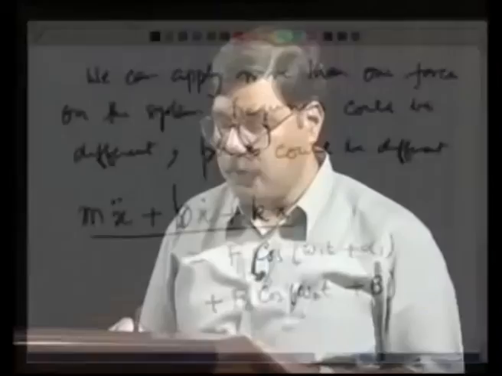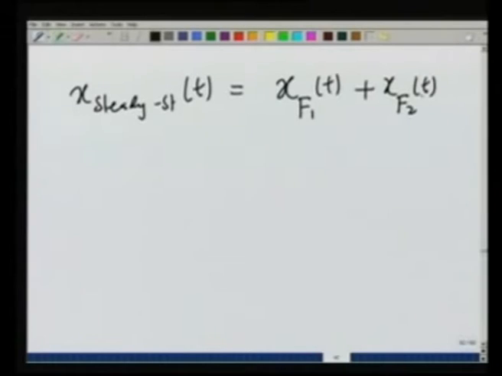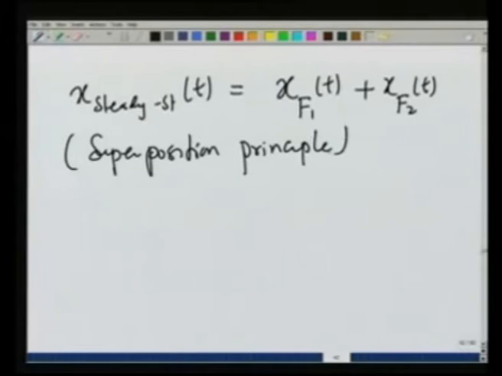If I were to look at only steady state solution, x steady state would be the solution corresponding to F1 plus the solution corresponding to F2. This is because of the superposition principle that tells me that for any linear equation, the sum of the two solutions is also a solution.